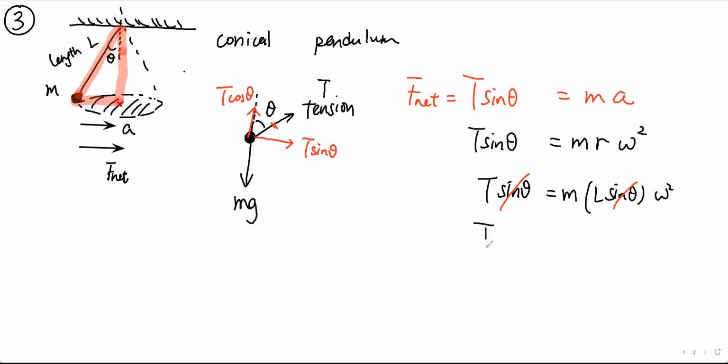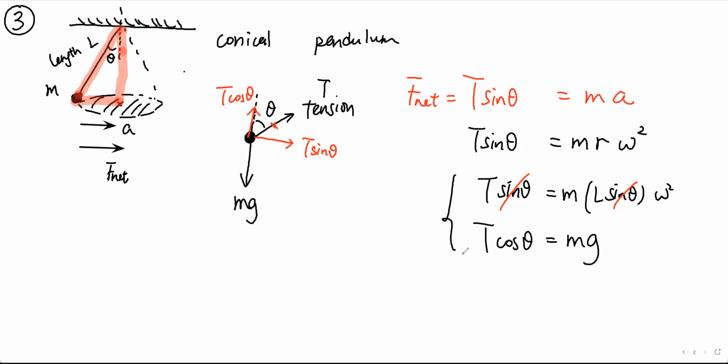And then T cosine theta equals mg. Because the net force points towards center of circle, then in the perpendicular direction, T cosine theta is equal to mg.